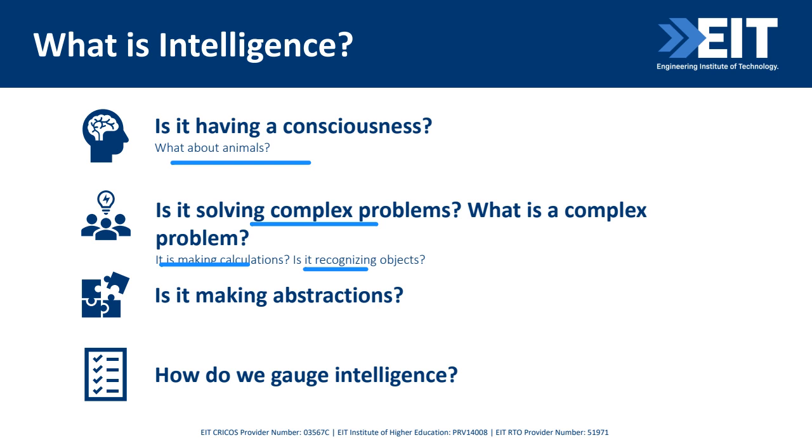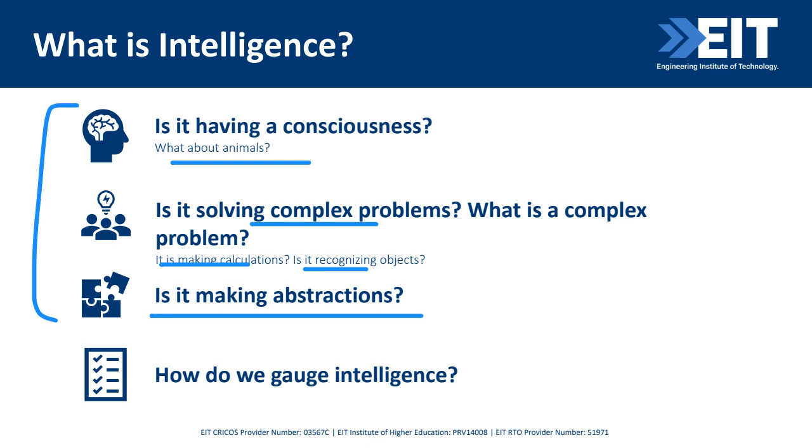But if you take a picture and you want to analyze it using a machine, it's much more complex. Is intelligence about making abstractions? Which is what we humans do. So it's another facet of intelligence, making abstractions. So we can say that intelligence is actually a kind of combination of all of these: solving complex problems is intelligence, making abstractions is intelligence, having a consciousness is intelligence.